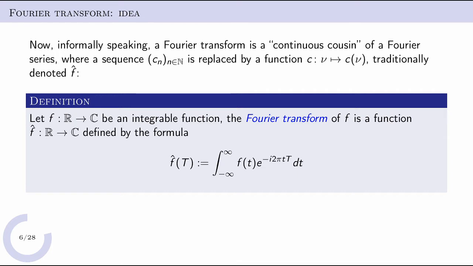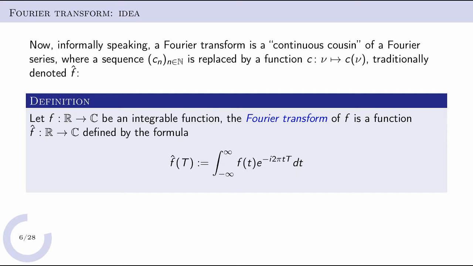A formal definition looks like this. Assume that we have a function which is integrable. We define the Fourier transform of this function, denoted f hat, which is a function from the reals to the complex numbers, by this formula.